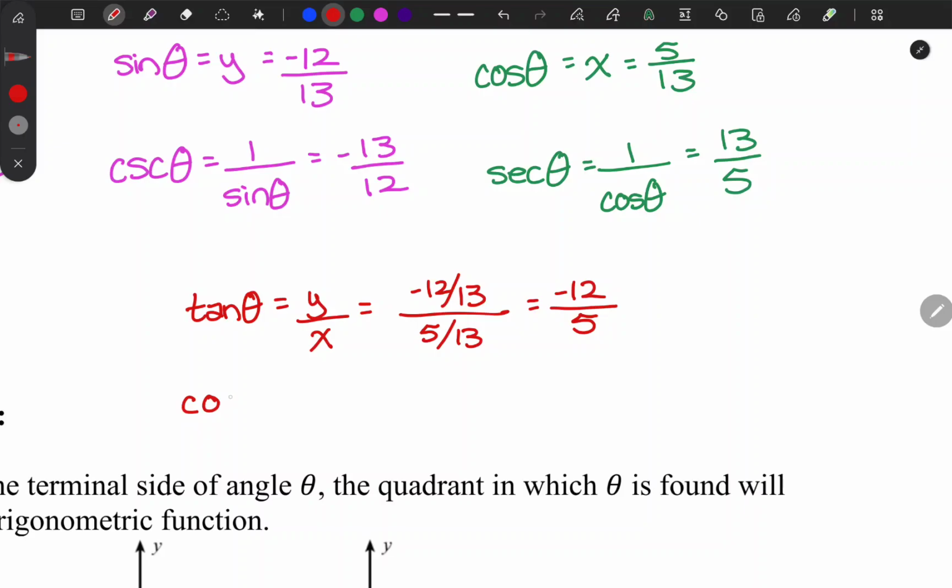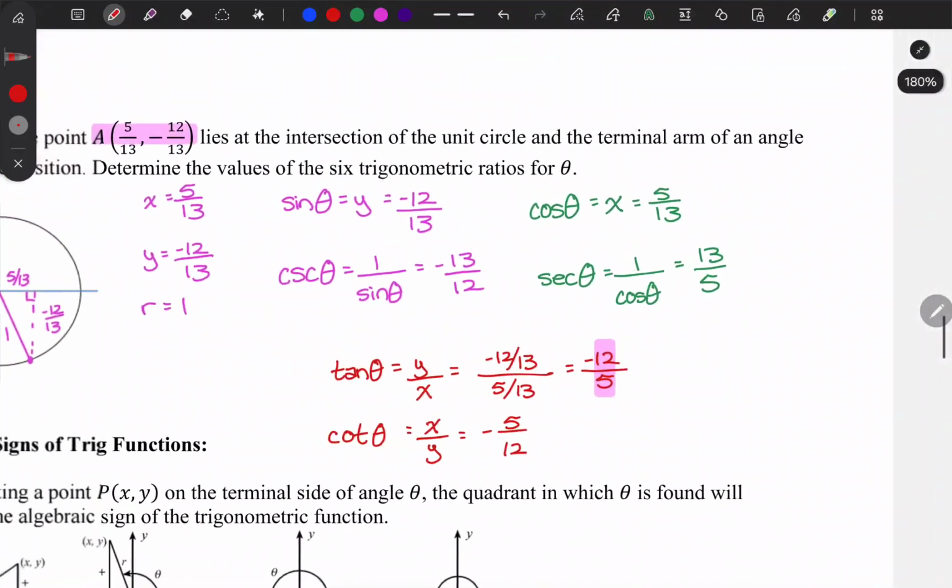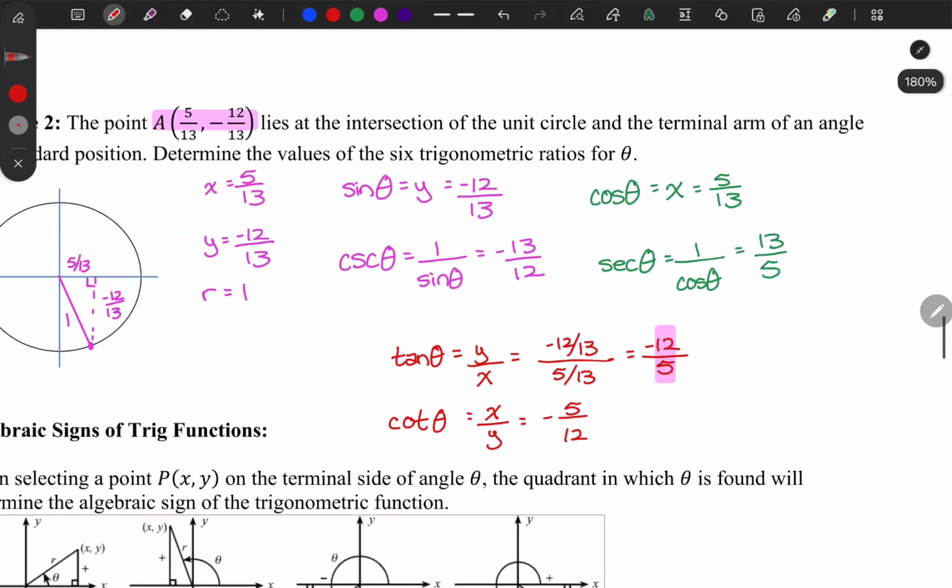That's going to make it a lot easier when I find my reciprocal. So cotangent, x over y. You could recalculate it, or you could use the fact that you already have your tangent ratio, and just take the reciprocal, and it will be negative 5 over 12. So for one angle, we should be able to find all 6 trig ratios using x, y, and r, especially easy on the unit circle where your r value is 1.